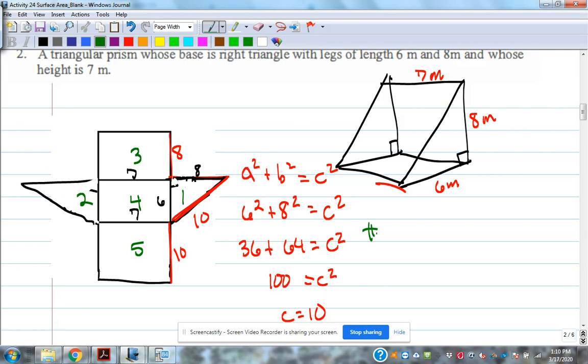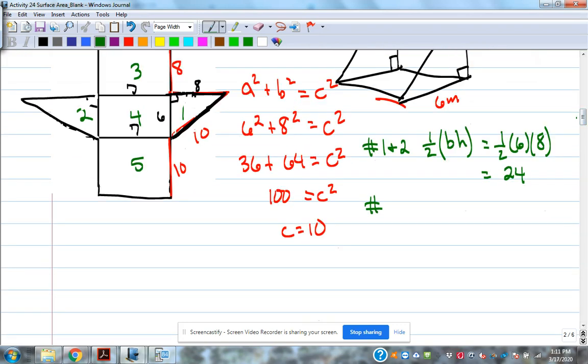So I'm going to find the area of number 1, and number 2 would be 1/2 base times height, so 1/2 of 6 times 8, which would be 48, and half of that's 24. And then, so 1 is 24, and 2 is also 24. So the surface area, you'll be adding those together. So 24 plus 24. So there's 2 of our faces.